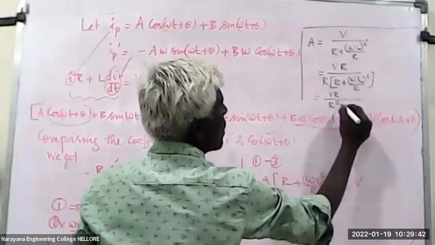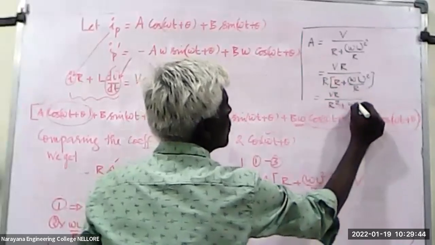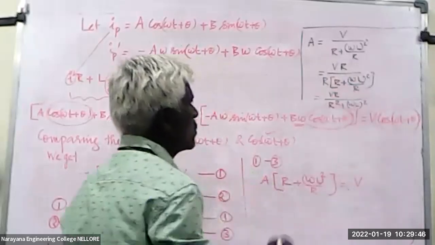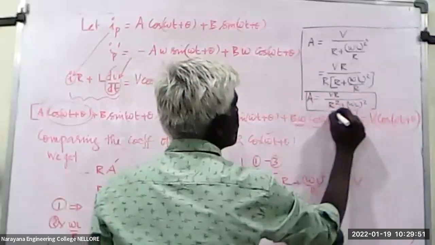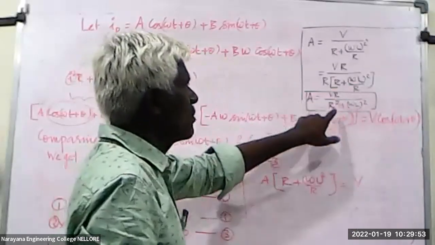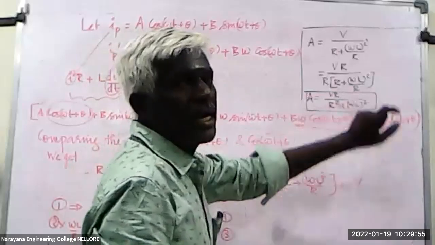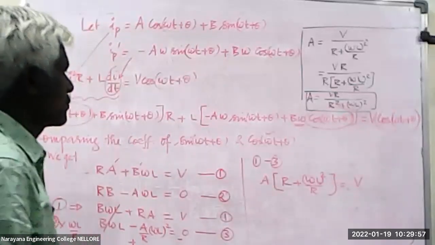When you take this R inside, R will get cancelled. So R omega L square. So this is your A. That is VR divided by R square plus omega L the whole square.